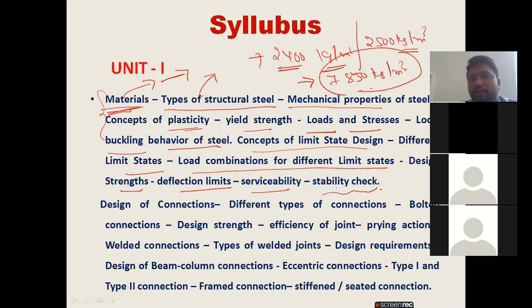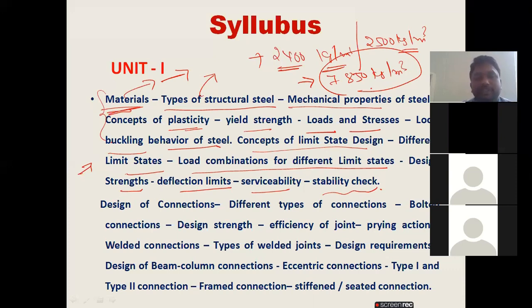Before designing any connection or any member, tension member or compression member, first we must know the concept behind the limit state. So what is the deflection check and what is serviceability? The limit state concept is based on strength and serviceability, and based on that the complete limit state design is followed. Likewise, after that we will do the deflection check.